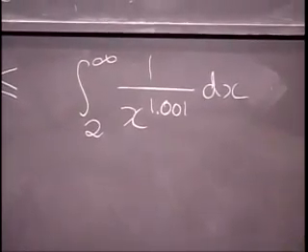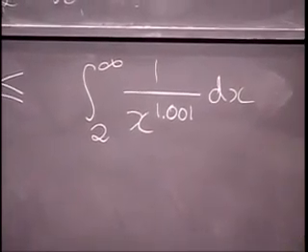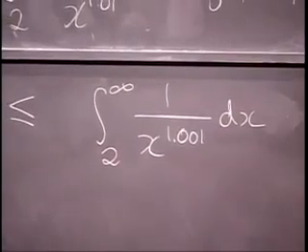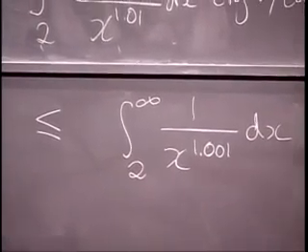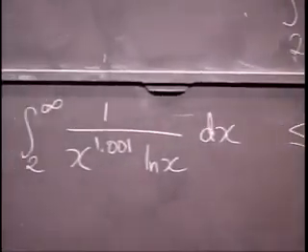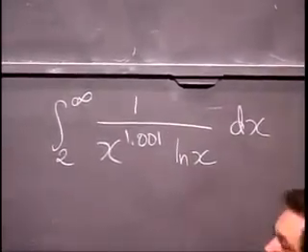Well, that's almost true. It's not quite true. What are we actually doing here? We want this to be less than this. If this is going to help us, what do we know about log x?